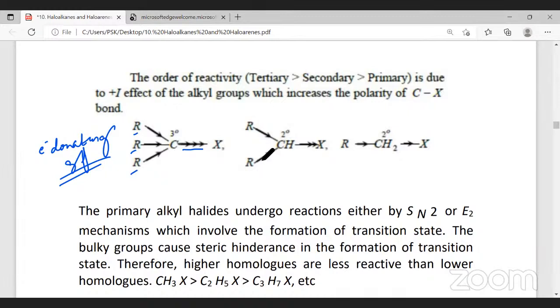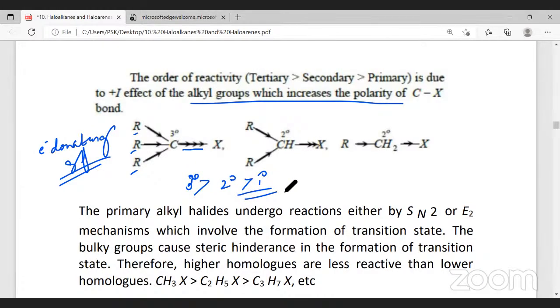Here you can see 2 R groups and the electrons are moving towards halogen. And here we have only 1 R group. So therefore, tertiary alkyl halides, order of reactivity is due to the plus I effect of the alkyl groups, which increases the polarity. Tertiary is more reactive compared to secondary. Secondary is more reactive compared to primary.